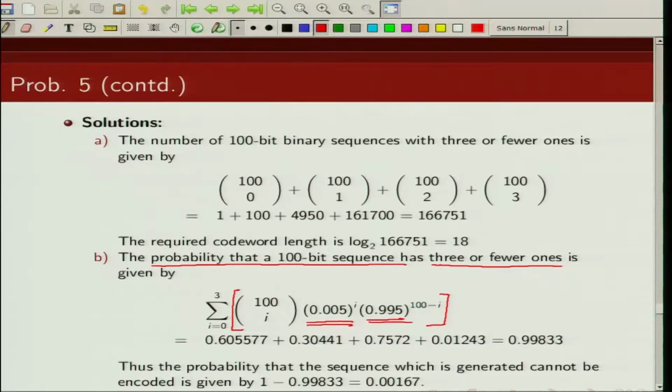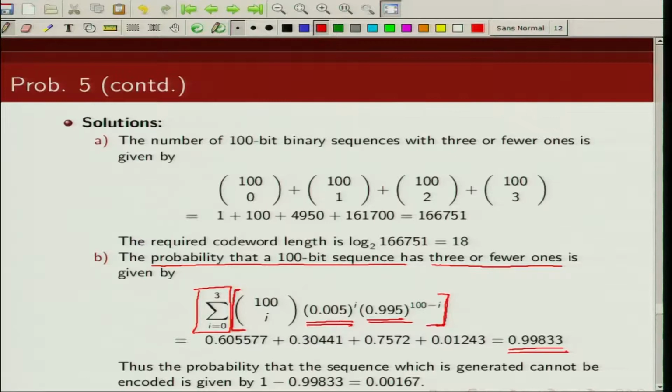So this will give us the probability that there are i ones in the sequence of 100 bits. Since we are interested in finding the probability that there are 3 or fewer ones, we sum it over all i's going from 0 to 3, and this probability comes out to be 0.99833.